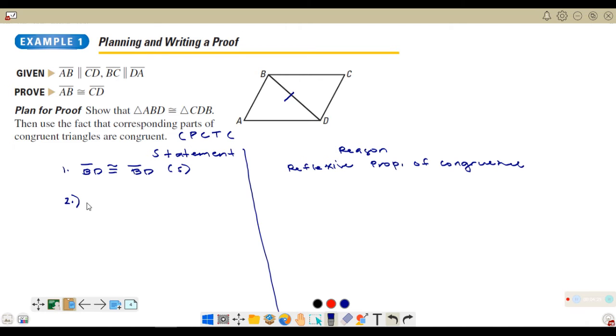Okay? Number 2, since AB is parallel to CD, gawa muna tayo ng ganito. So, this is AB congruent to CD. Lagyan natin siya ng markings.